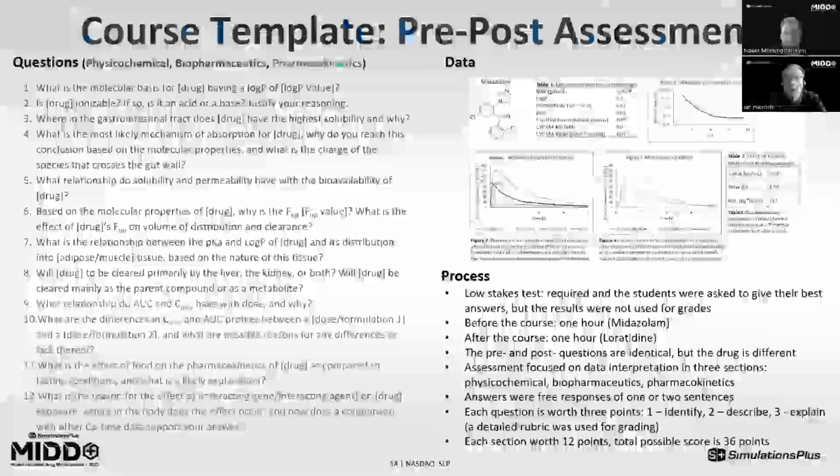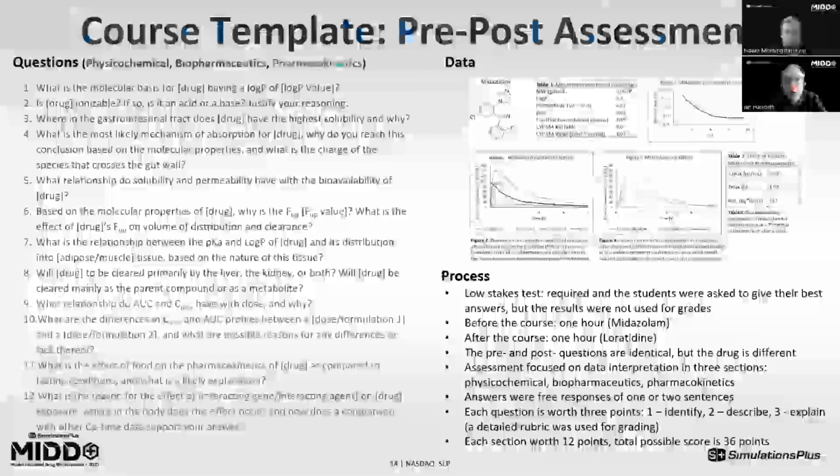We wanted free-response answers, so this is not multiple choice, it's answers of 1 or 2 sentences. We have a rubric, which again we will make available, that allows some grading of the questions, and each question was worth 3 points. Each section, therefore, is 12 points. The total possible score is 36 points.